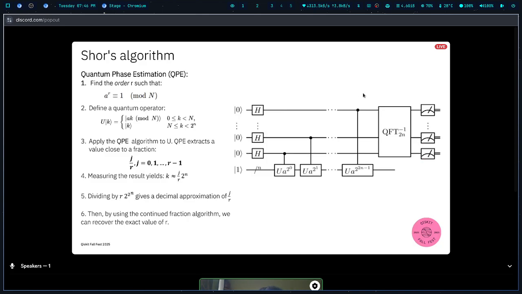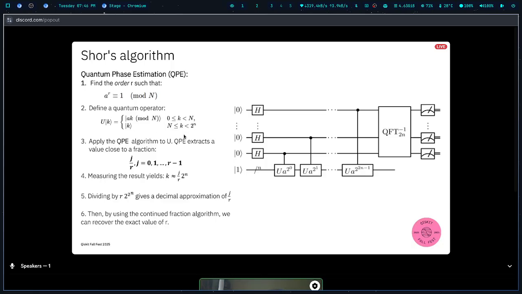It's the same form we talked about before, about these rotational gates. In this case, the operator U, the one right here, will perform an operator that is this part.